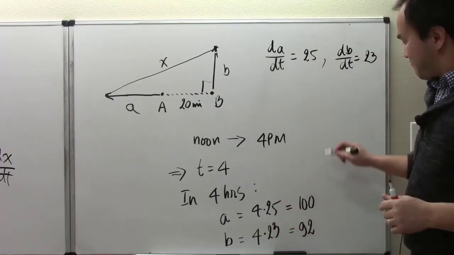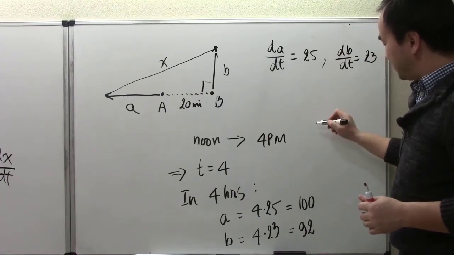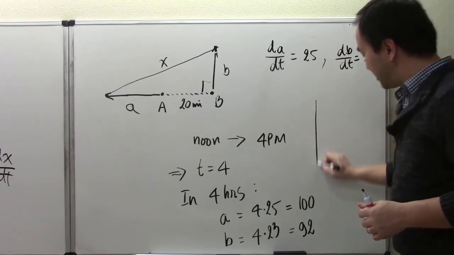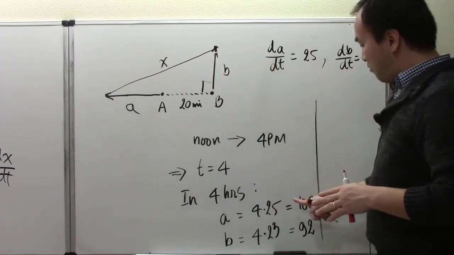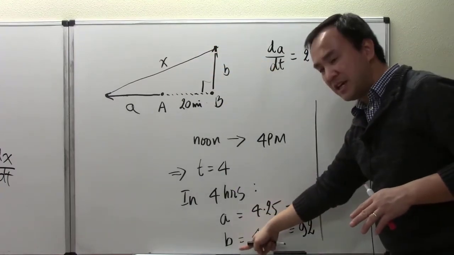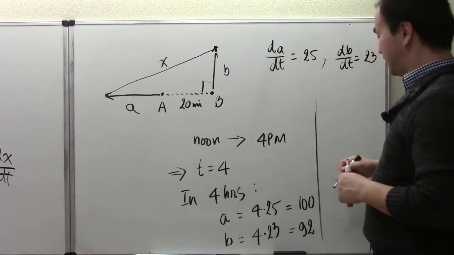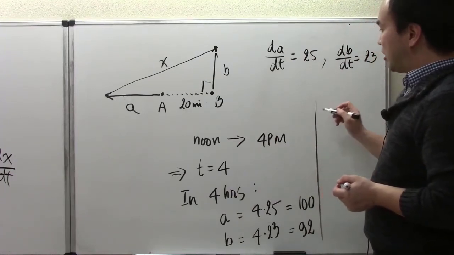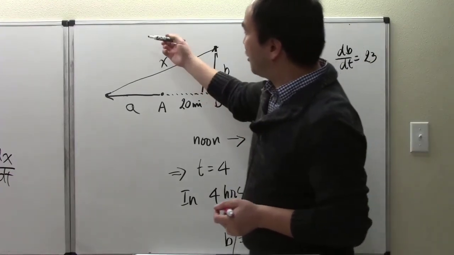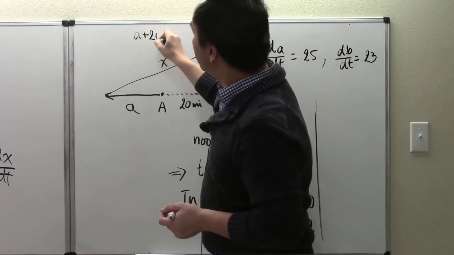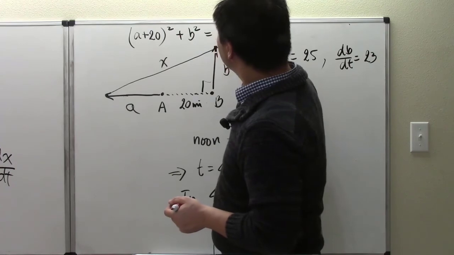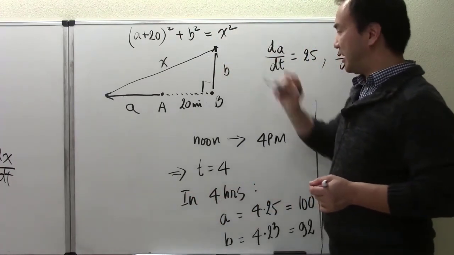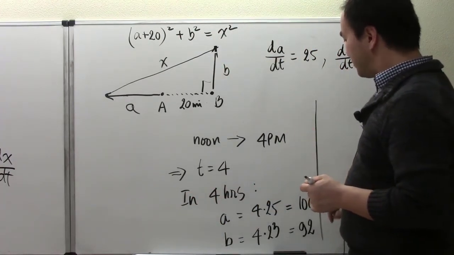And actually, we also need to find our x distance right here. But now once we have laid down A and B, then things are quite simple for us. Because our equation earlier was, I recall, A plus 20 all squared plus B squared equals x squared. If we recall from that equation, then here's how we solve the problem.